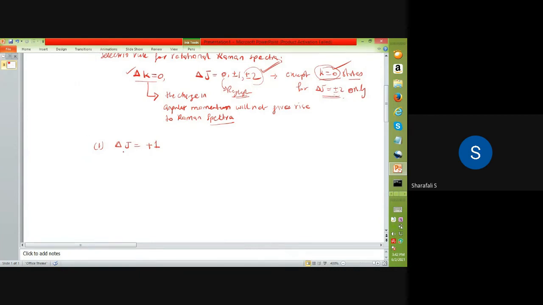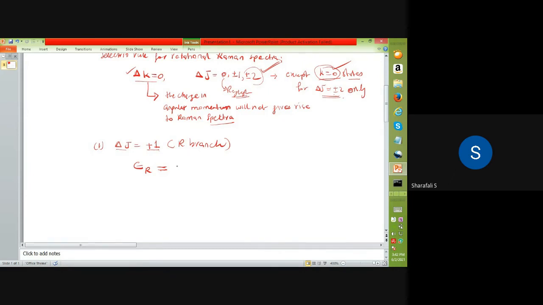So if you are considering delta j equal to plus 1, this is corresponding to the R branch, because you have delta j equal to plus 1. And this will be given by epsilon R, the energy of this transition with delta j equal to plus 1. The transition is having a change in rotational quantum number j which is equal to plus 1.